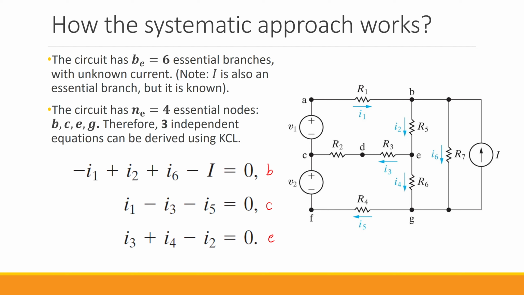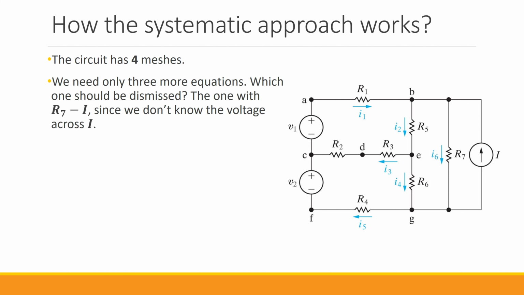So out of the 6 equations that we need, we have now 3 of them. What should we do about the other 3? The answer to that is we write KVL for the meshes of the circuit. So which one of these meshes we need to choose? We have this one, this one, this one, and also this one.